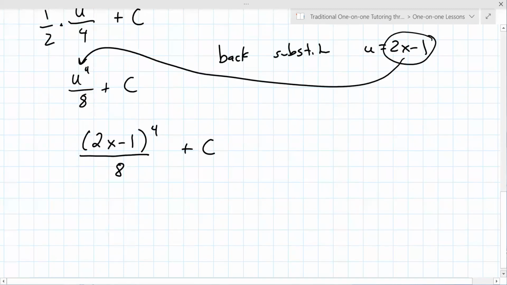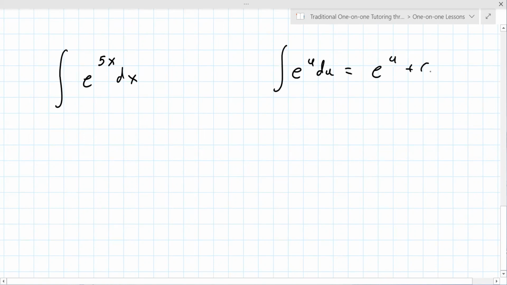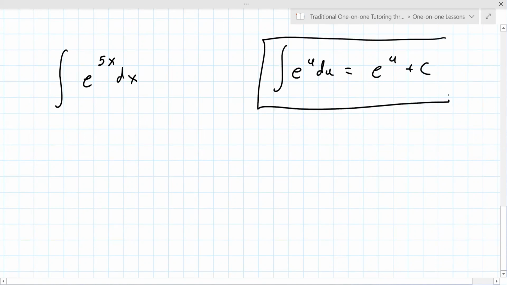Yes. Okay. So let's say I want you to do the integral of e to the 5x dx. Here's what you know. You know that the integral of e to the u du equals e to the u plus c. You know this. Yes. But the one on the left does not look like the one on the right.